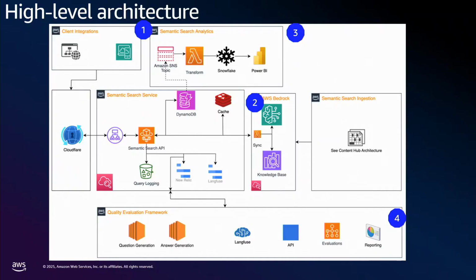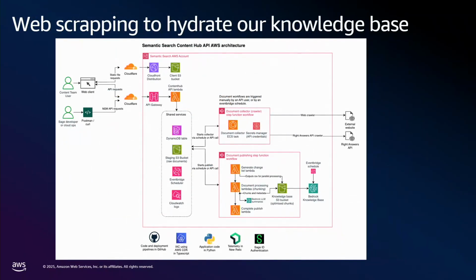On the right-hand side there, we've got the Content Hub, which I'm going to move on to now. So on the left there, number one, is the web client that we've built. This is where the content managers of Intacct will log in, see their knowledge bases that exist in AWS Bedrock. They're able to configure new runs of the data on the right-hand side there. Intacct's use case was a website where their product help documentation is hosted.